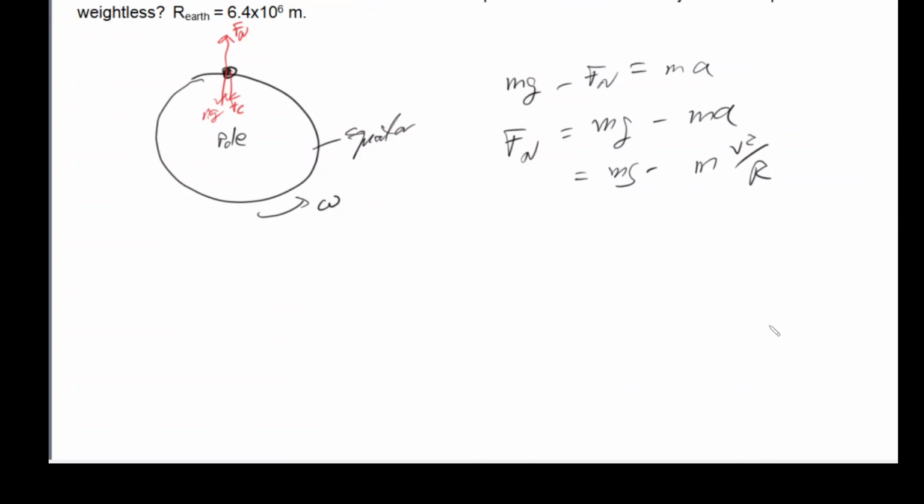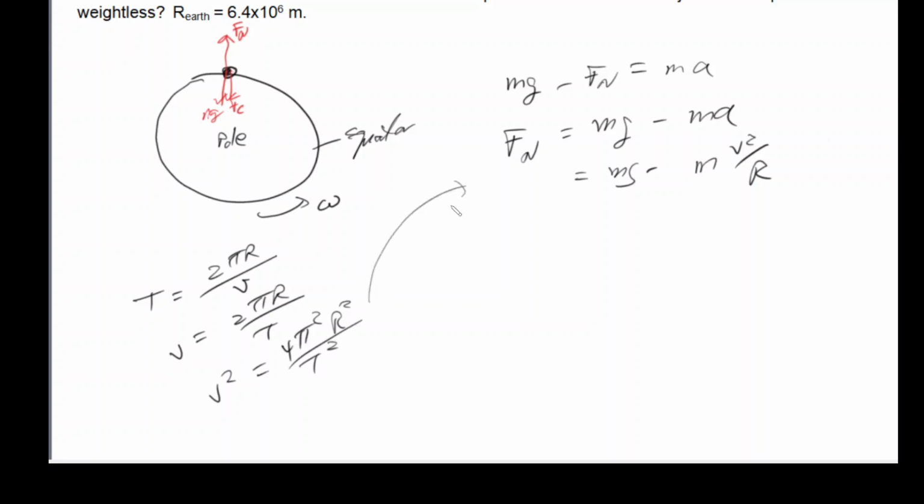The other thing that we know is that the period is equal to 2 pi r over velocity, or solving for velocity, that's equal to 2 pi r over t. V squared is equal to 4 pi squared r squared over t squared. And if we substitute that into here, we get the normal force is equal to mg minus m times 4 pi squared r squared over t squared divided by r.